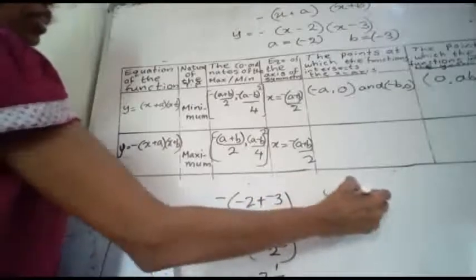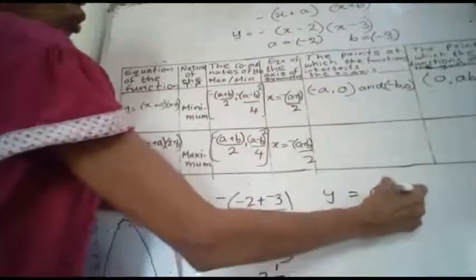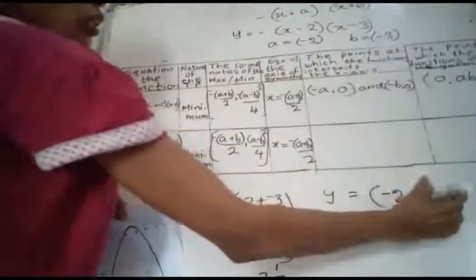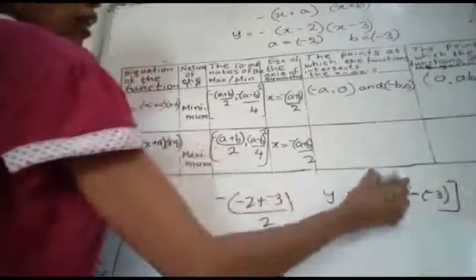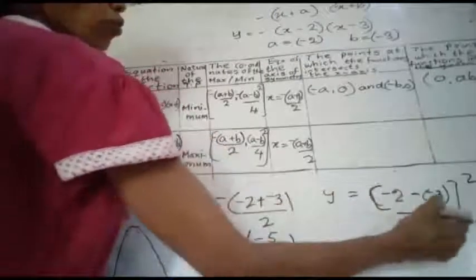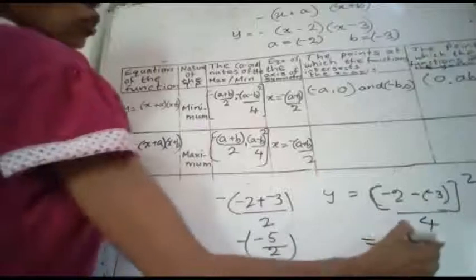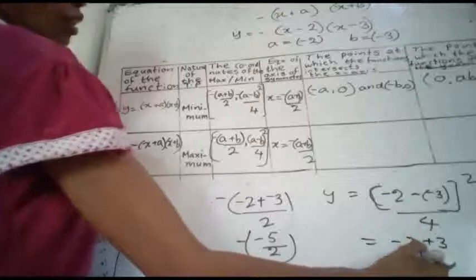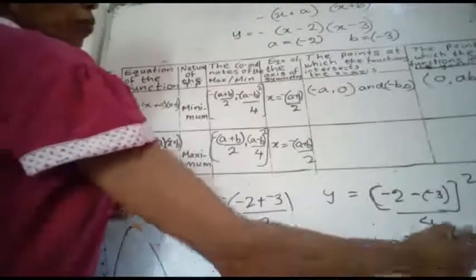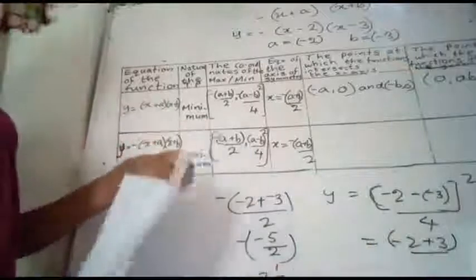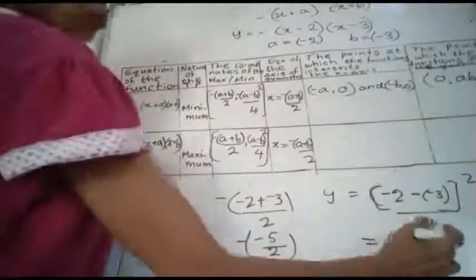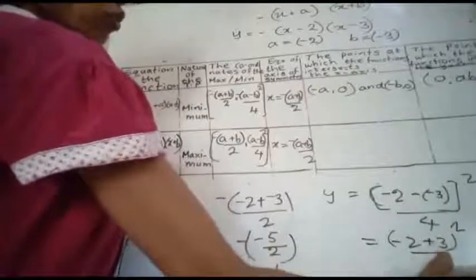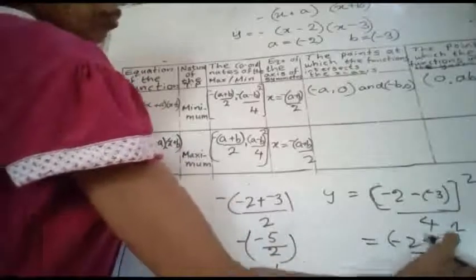Here a is negative 2 and b is negative 3, so negative 2 plus 3, squared, over 4. 3 subtract 2 is 1, and 1 squared is 1, so 1 over 4.